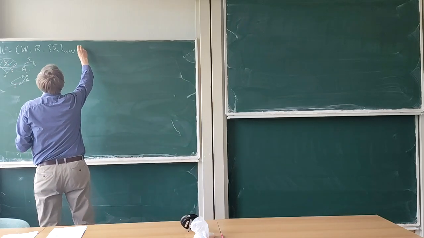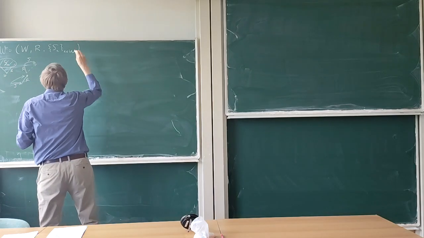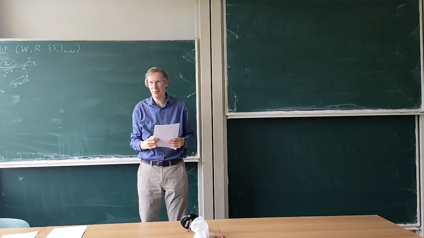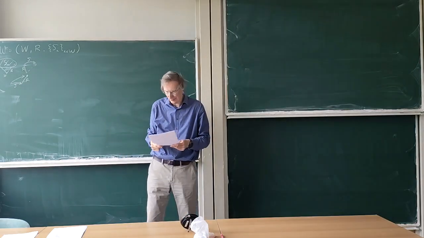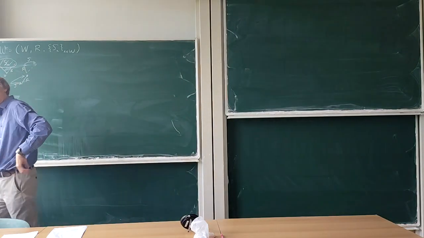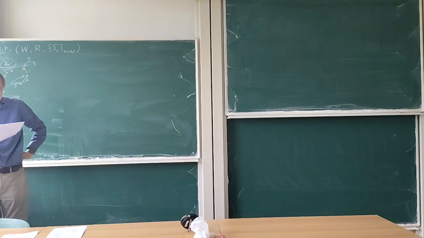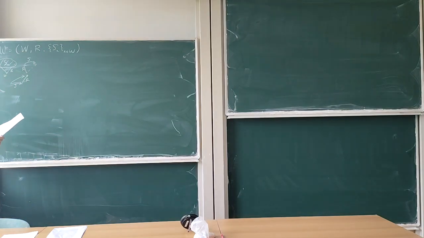And of course we have certain evaluation of variables on that model, but we have already done during the last lecture everything we needed to know about formulas and variables.